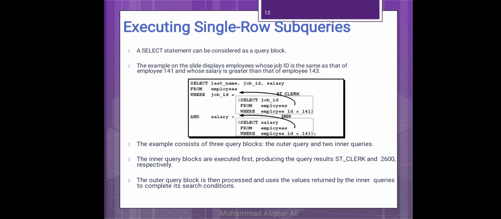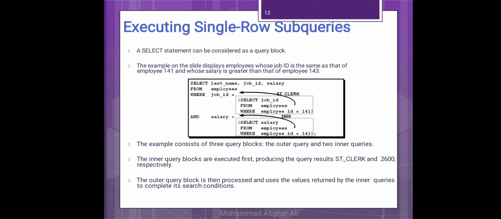The example actually consists of three query blocks: the outer query and the two inner queries. The inner query blocks are executed first, producing the query results, and 2600 respectively.